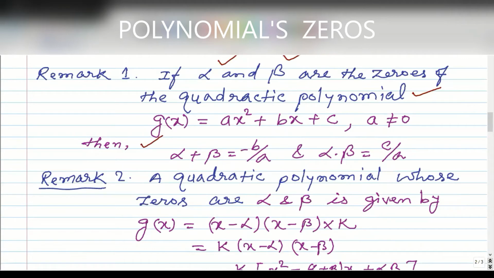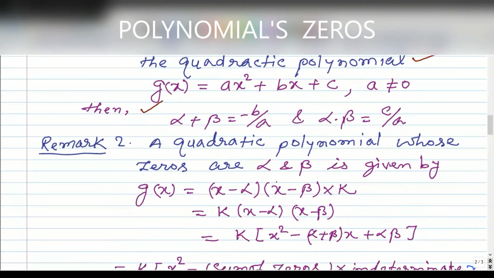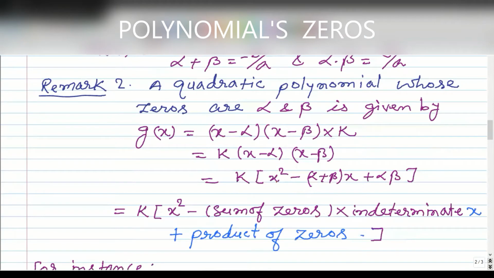In remark 2, a quadratic polynomial whose zeros are alpha and beta is given by g(x) equal to k times (x minus alpha) into (x minus beta), where k is a constant.